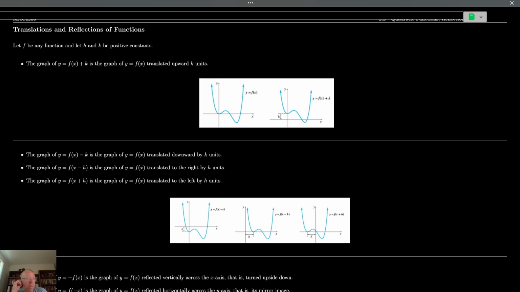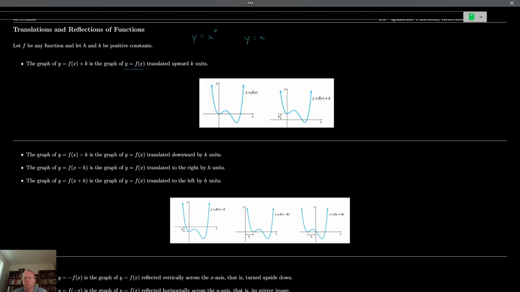So we're going to let f be any function, and h and k are just going to be positive constants. In this first one, we start with y equals f of x. That's just a basic function, and this could be anything. The rules apply no matter what type of function you have.